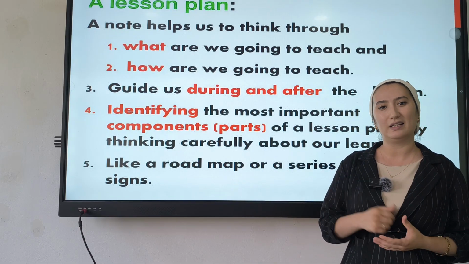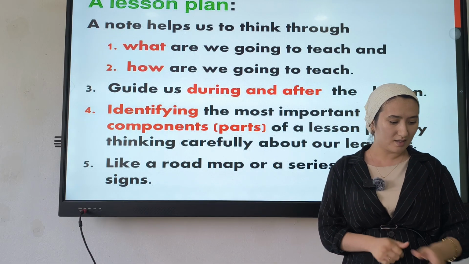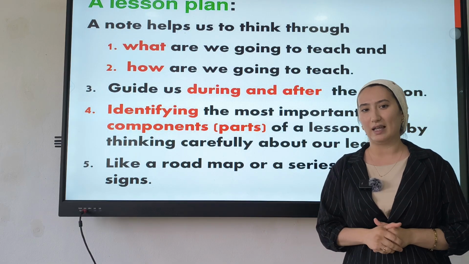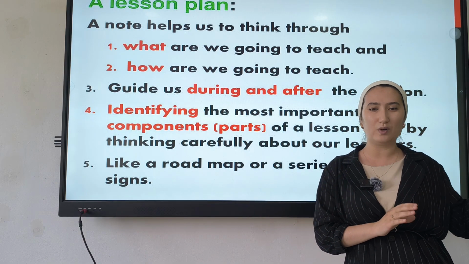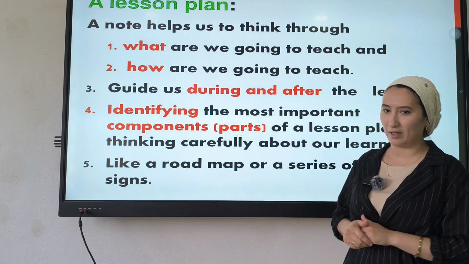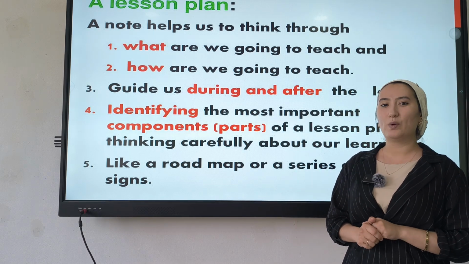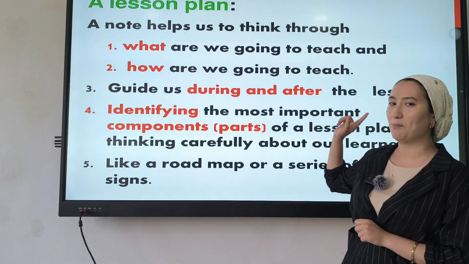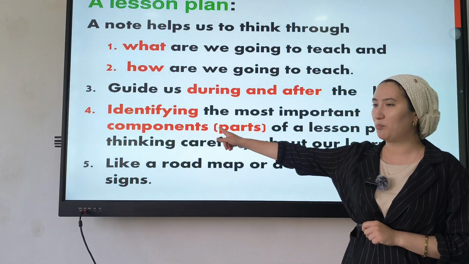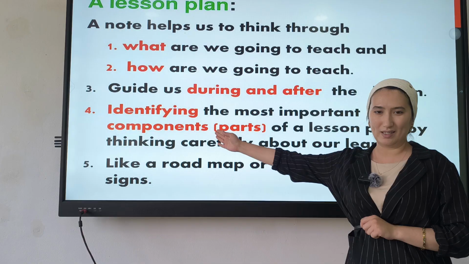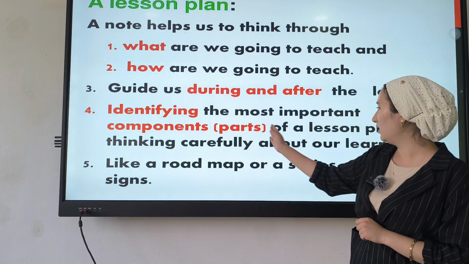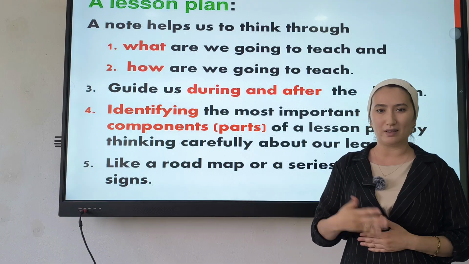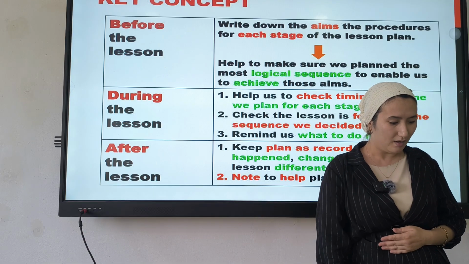So we need a lesson plan, first of all. It guides us during and after the lesson as well. Everything will be included in the lesson plan. And we have to identify the most important components, or we can say parts, of a lesson plan when we are writing it.